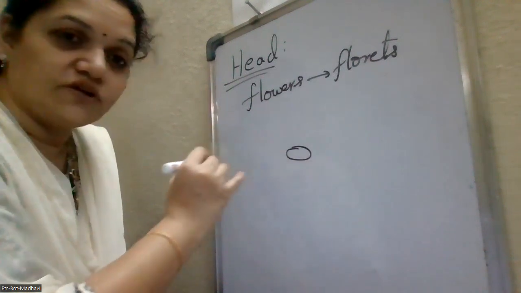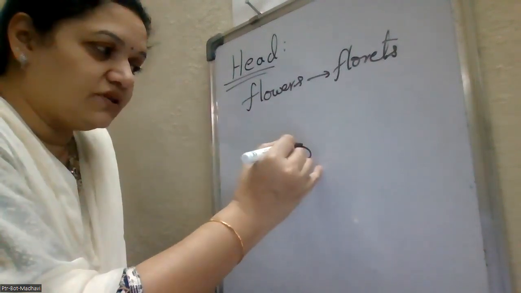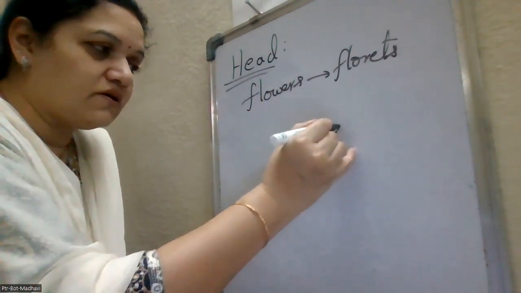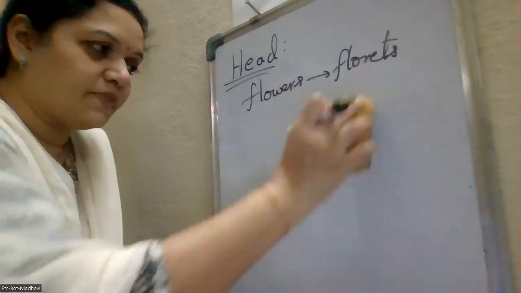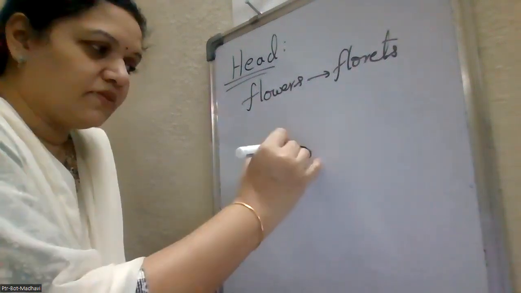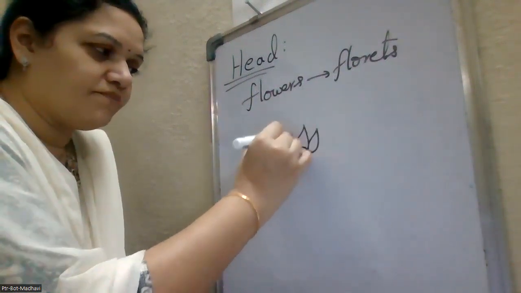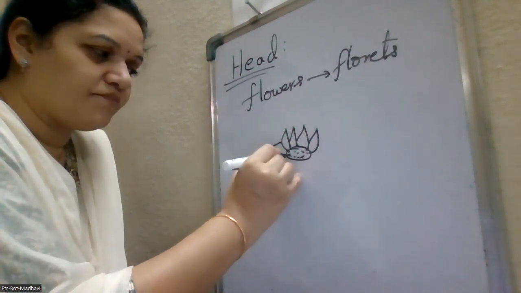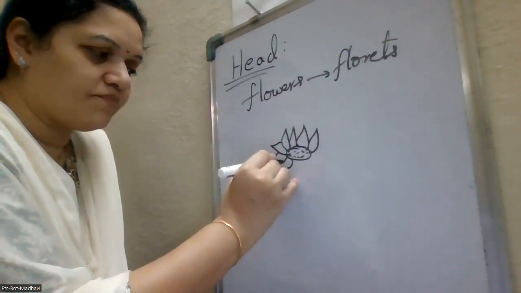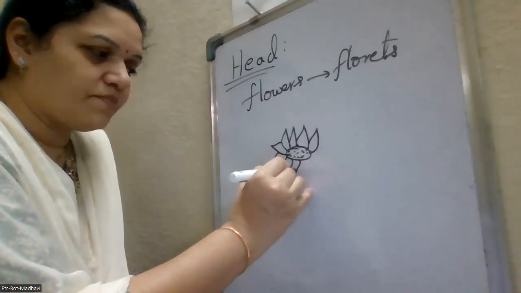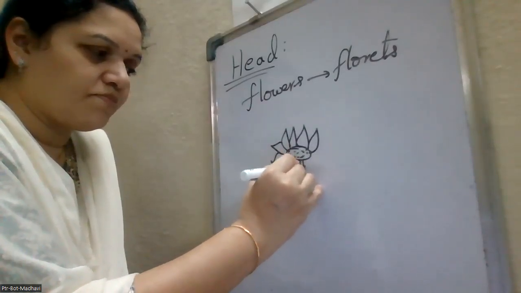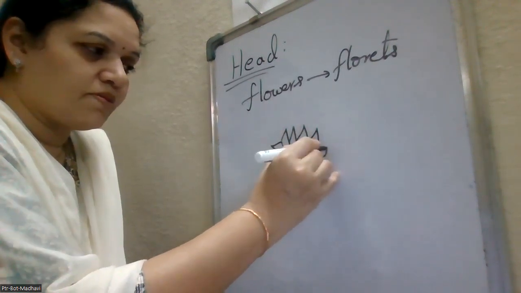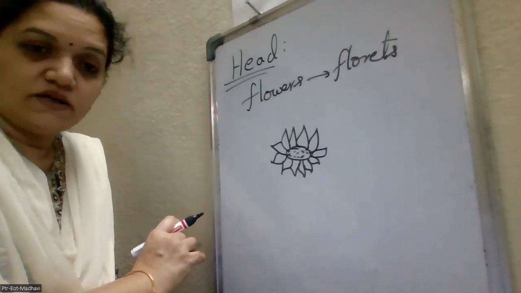This is the inflorescence axis, and on this, these are the ray florets.